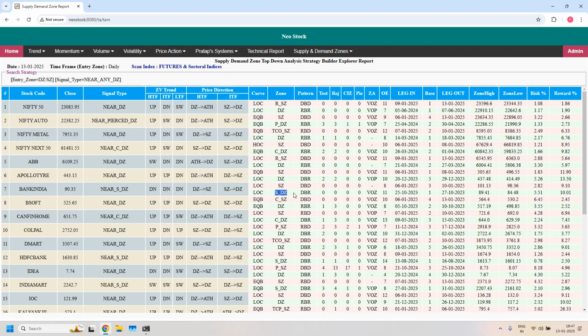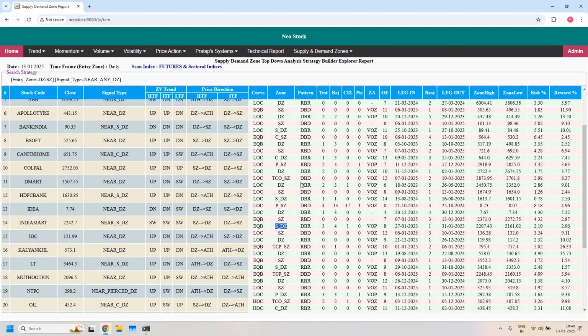Next, Bank of India. Next, Canara Bank, Financial Home Loans. Next, HDFC Bank. Next, India Mart.